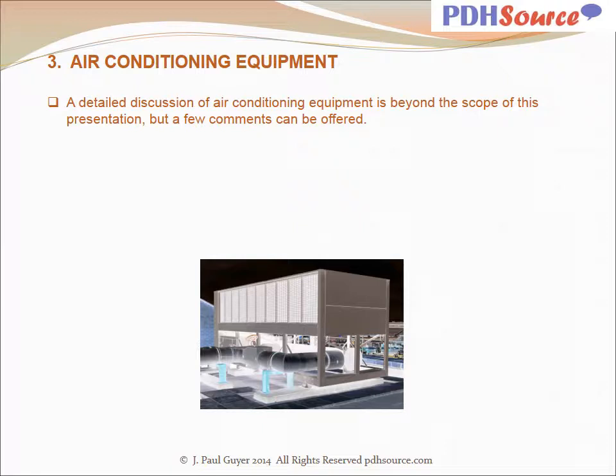And what I'll be talking about here is just a representative type of system or systems to give you a feel for what's involved as far as the actual equipment and systems are concerned.